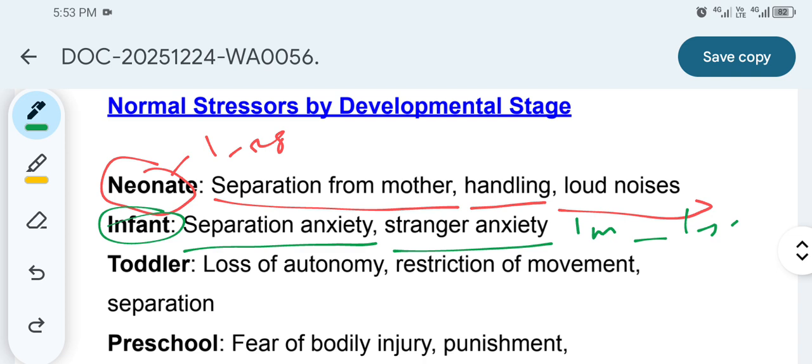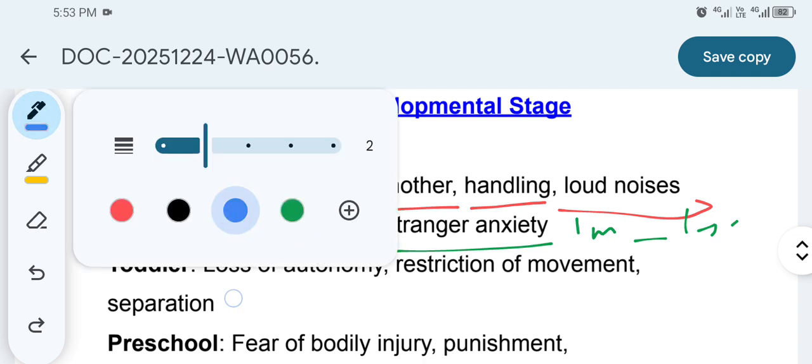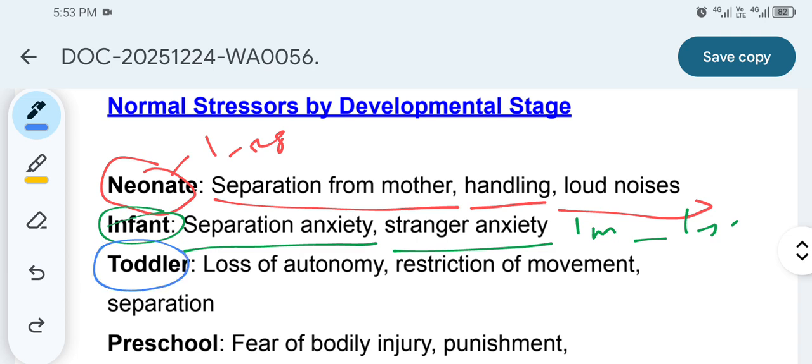And then when you go to the toddler, we said 1 year to 3 years, this toddler has stress, fear of loss of autonomy. They don't like it when they lose their autonomy.